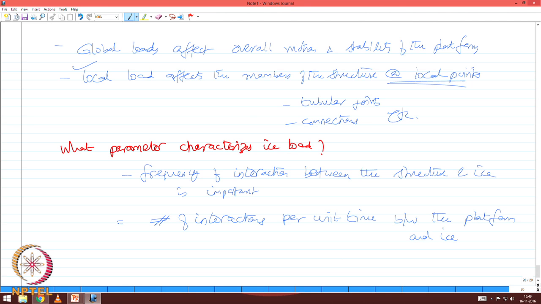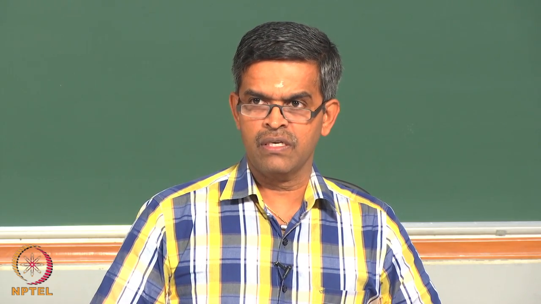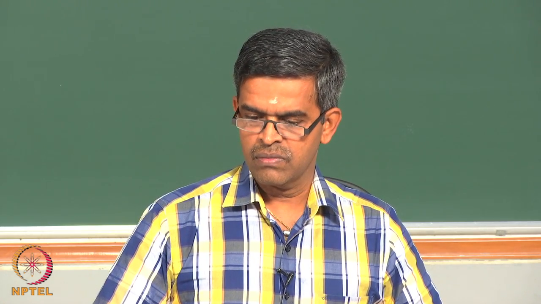So, when ice interacts with the platform, what kind of load is generated on the platform? It all depends upon what the shape of ice, how the ice is causing impact on the material of the structure, how the member responds to this, or what is the effect caused by the ice on the member. We will discuss all these issues in the next lecture, where we will elaborate more about the ice spectrum and uncertainties involved in the ice loads. Thank you.